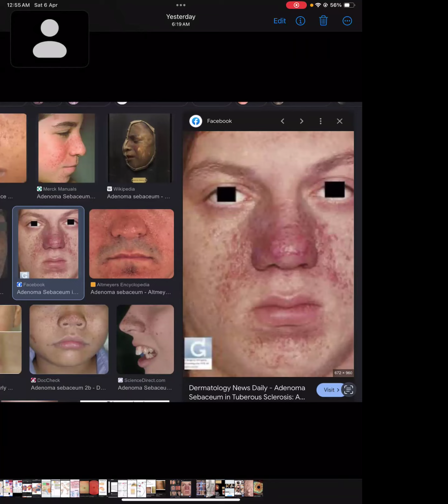This is like small papules. These are not only rash or only redness. These are papules. Papule means there is a small projection, right? Actually, these are facial angiofibromas, one kind of tumor. The name of this is adenoma sebaceum. This adenoma sebaceum you will get in a butterfly distribution over the face.